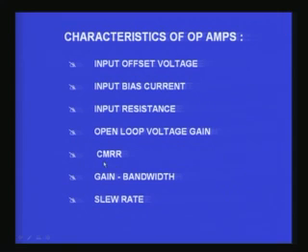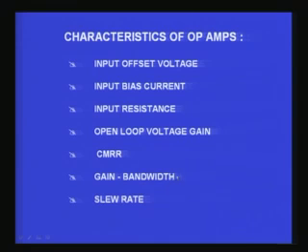Then there is a quantity called CMRR, which is common mode rejection ratio, which is also a very important characteristic of a differential amplifier, and the operational amplifier being a differential amplifier, it has this important characteristic. Then we also would see the gain bandwidth product, how it is a constant. And also the last one, which is the slew rate.